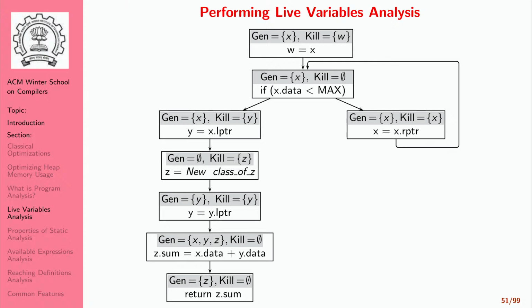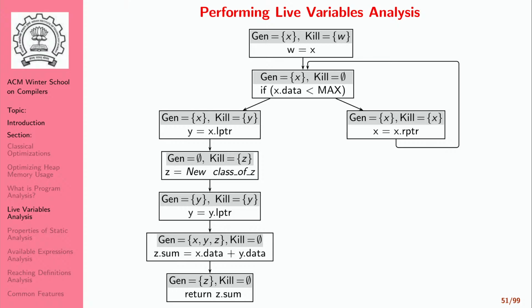This is an interesting thing. Within the same block, liveness of y is generated and liveness of y is killed. The meaning of liveness of y is killed is that if y is live here, it's not because it was live after the statement, it was because this liveness was generated within the statement. So gen and kill sets need not be mutually exclusive.